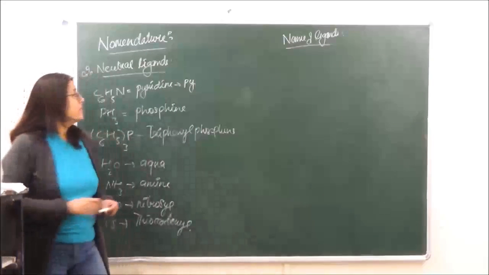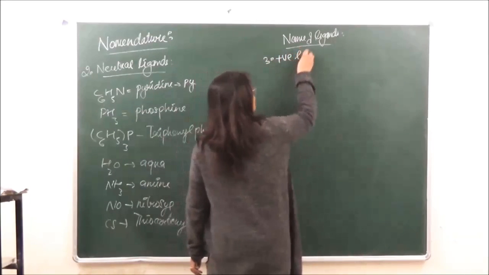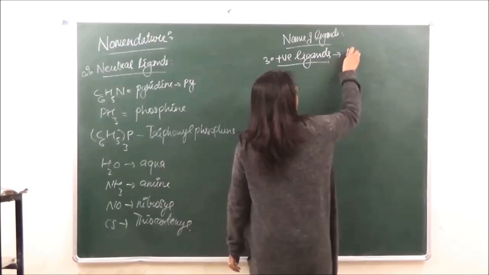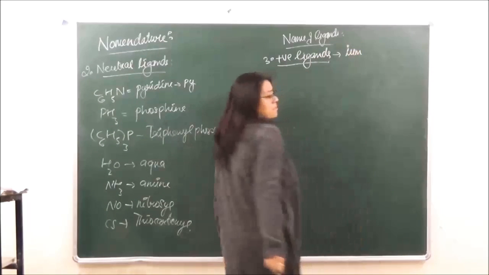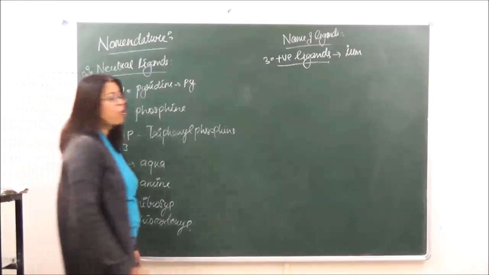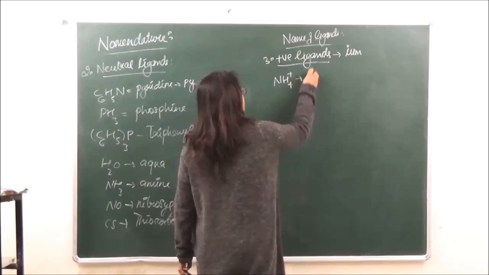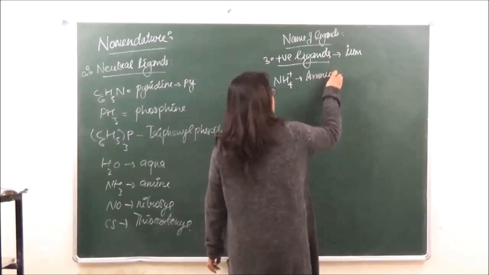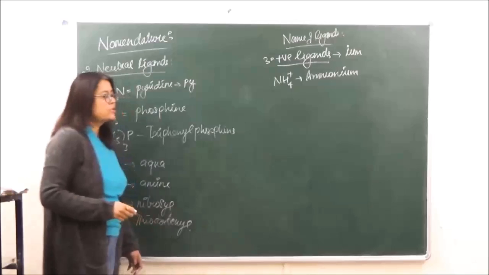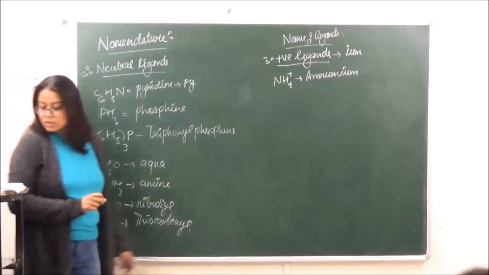The third type of ligands, the positive ligands, they end in ium, IUM. Okay, for example we have NH4 positive. This is known as ammonium. Then we have NO positive.